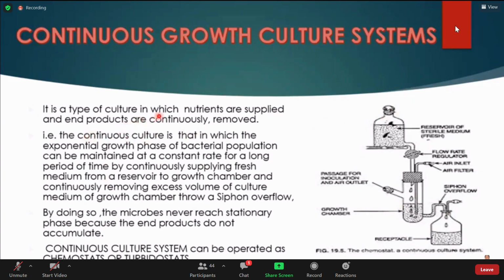It is a type of culture in which nutrients are supplied and end products are continuously removed. For example, if you consider this as a growth system or a growth chamber, the microbes never reach the stage of the exponential phase because the end products are continuously removed.